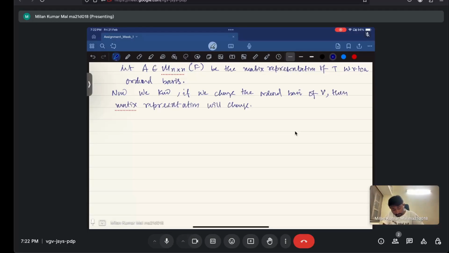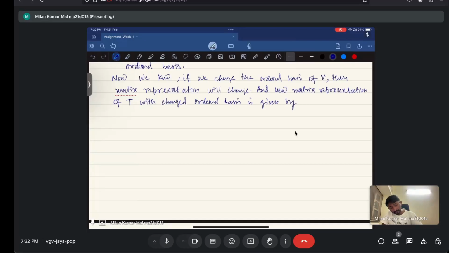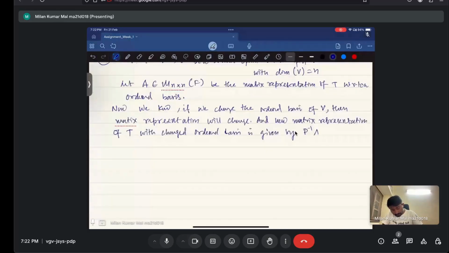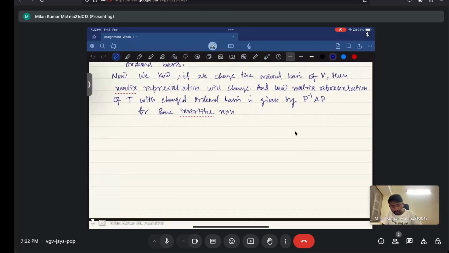And the new matrix representation of T with the changed ordered basis is given by P transpose AP for some invertible n by n matrix.